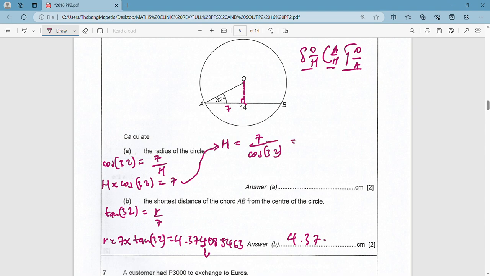That's 7 divided by cosine 32. This is going to be 8.25424884.